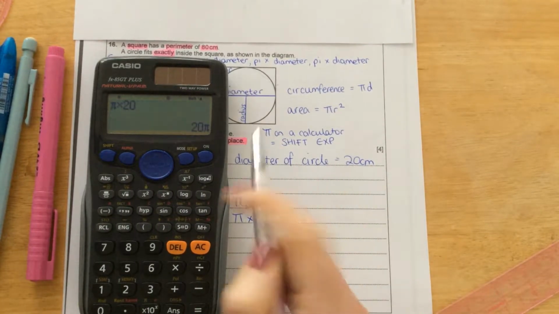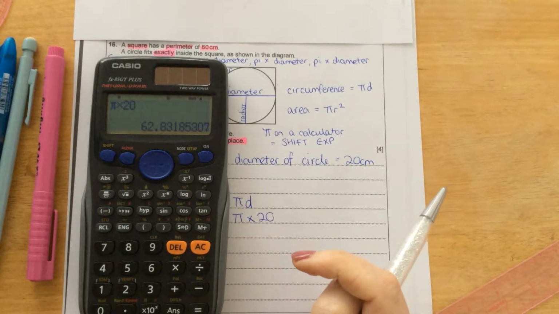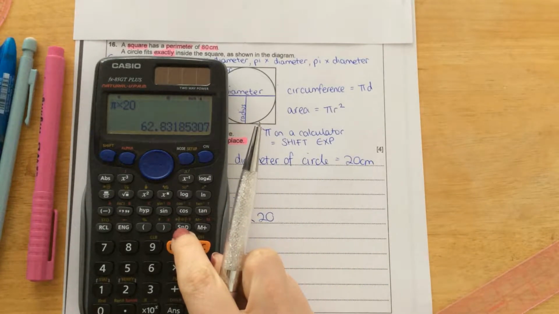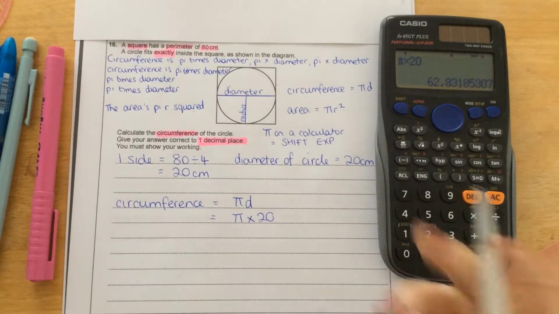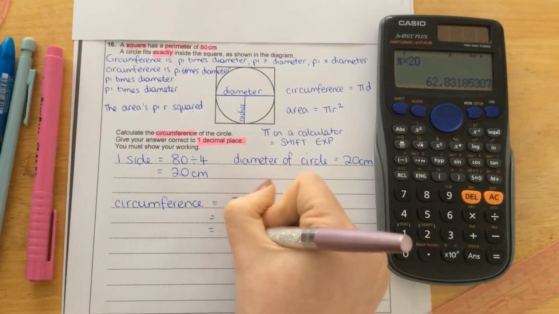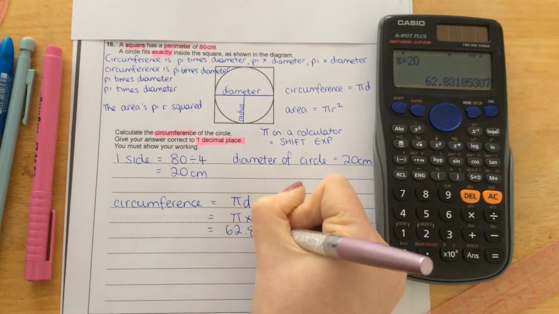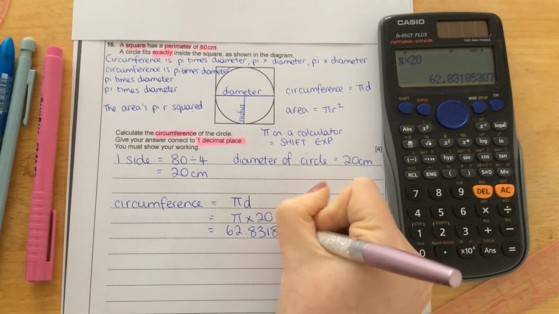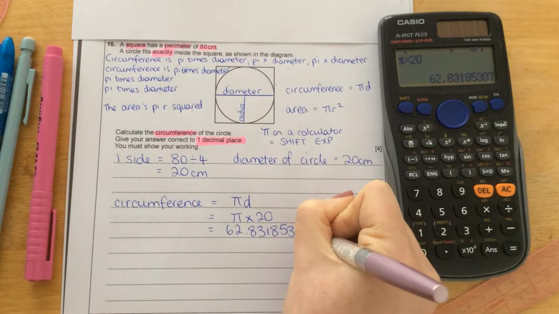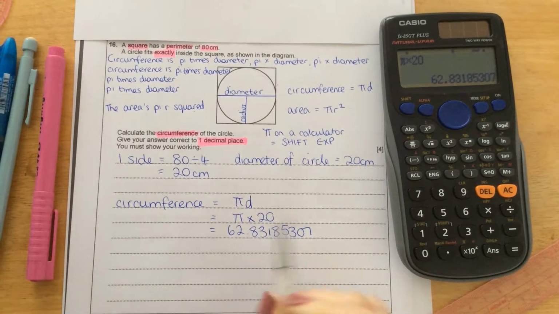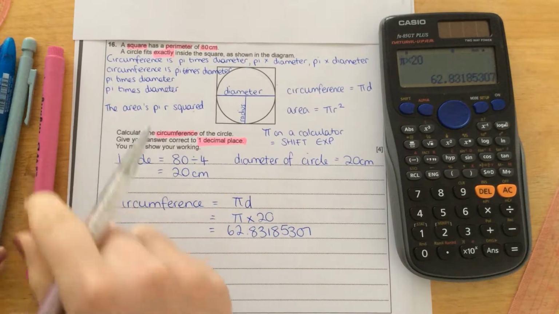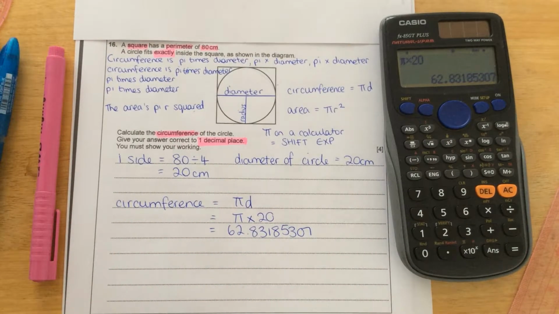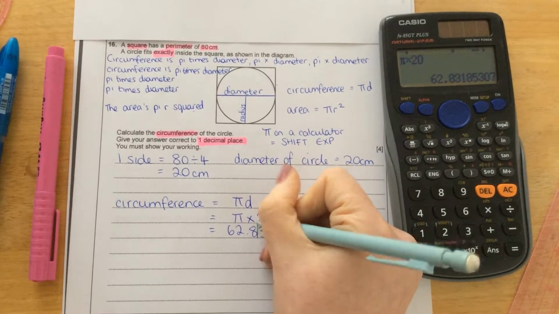And that will give me, if I change the SD button again, 62.83185307. Now I wouldn't have full marks with this answer because it's asking me to round to 1 decimal place. That means I need one number after my decimal place.